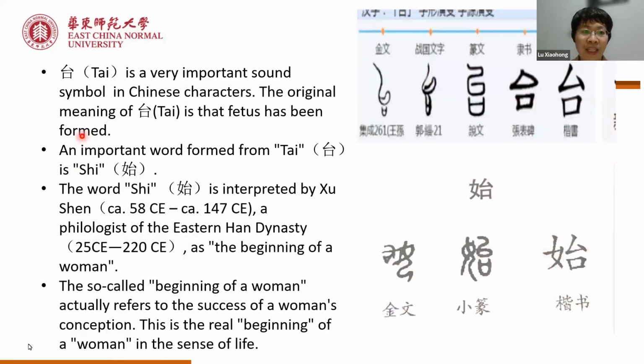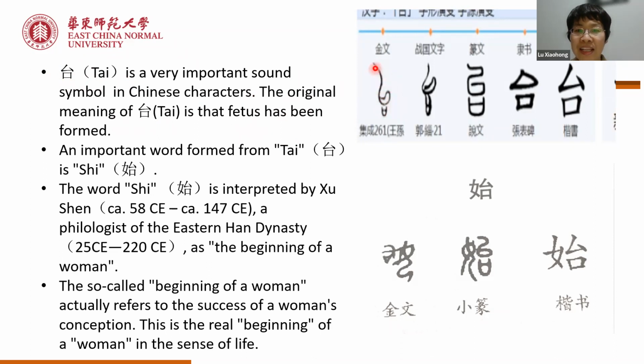Now, here is the character Tai. Tai is a very important sound symbol in Chinese characters. A lot of words are formed with the word Tai. Now, the original meaning of Tai is that a fetus has been formed. So let's see here on the right. You can see this is in the bronze inscription. This is the character of Tai.